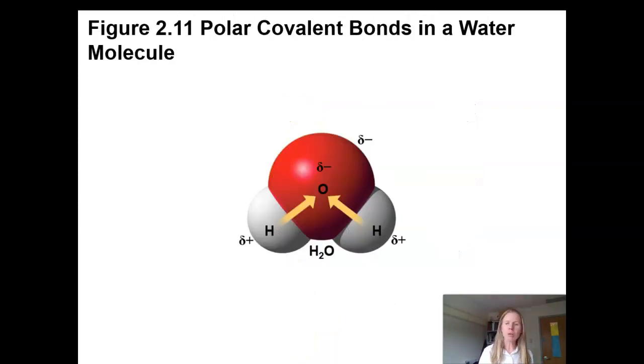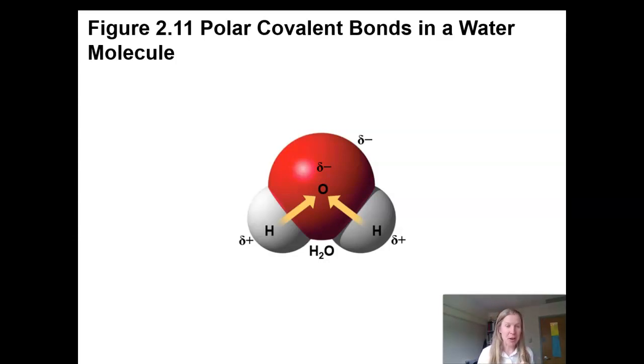In a polar covalent bond, one atom's more electronegative, in this case the oxygen, and so the electrons aren't shared equally. You've got this little funny symbol up here, kind of looks like an S. It just means partial. So the oxygen is hogging the electrons, and so you end up with a partial negative charge on this end of the molecule. The electrons aren't spending as much time down here by hydrogen, and so we get a partial positive charge on that end.